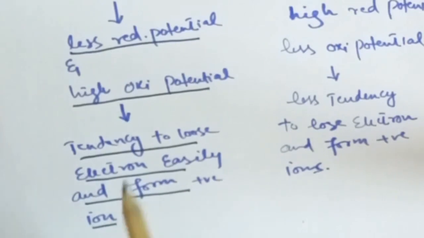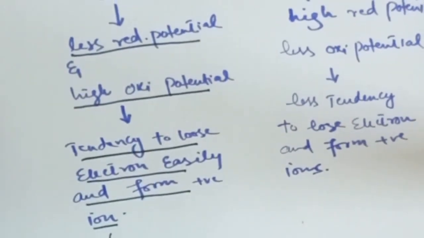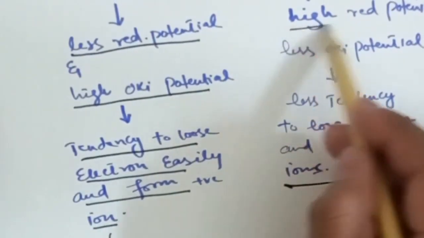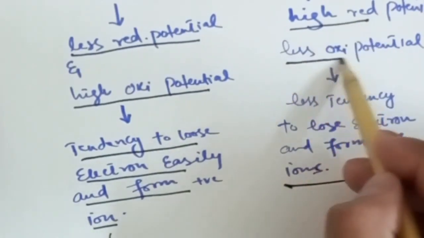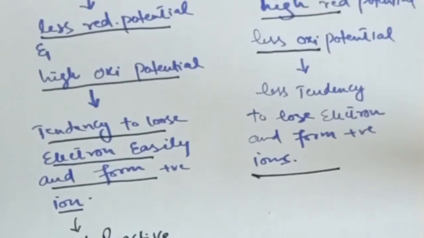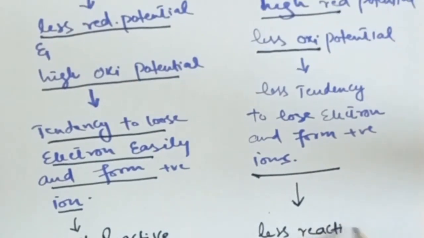So those elements which have these properties are much more reactive. While on the other side, the elements with high reduction potential and less oxidation potential have less tendency to lose electrons, thus they cannot form positive ions easily, so the tendency towards chemical reaction is less, and they are less reactive than the first case.